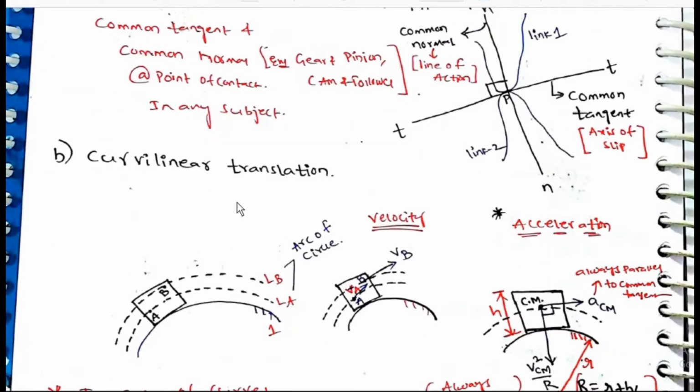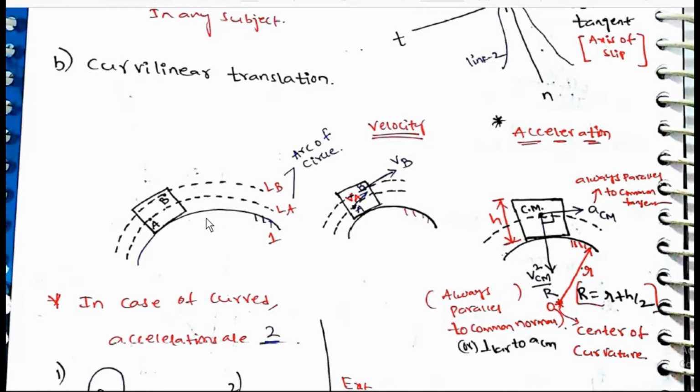Curvilinear translation: AB to A dash B dash, arcs of a circle. Velocity VA.